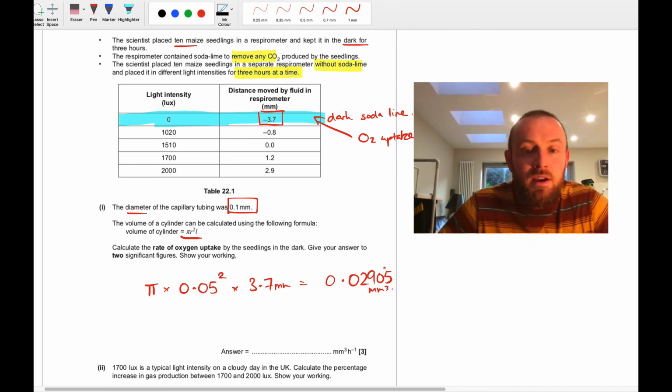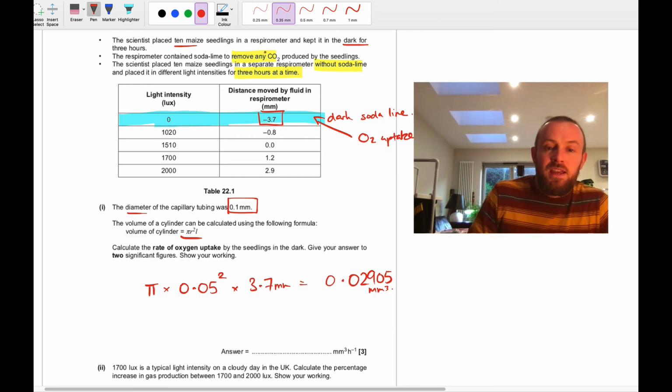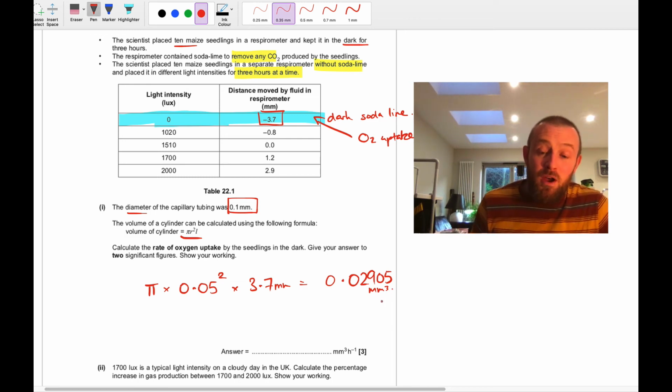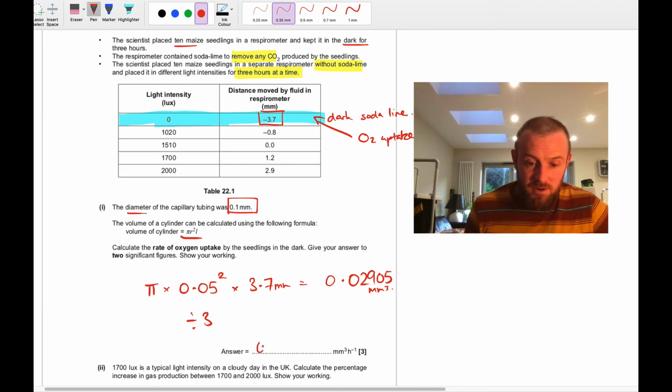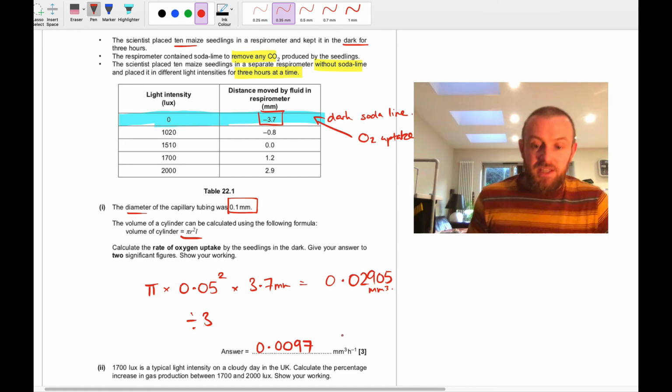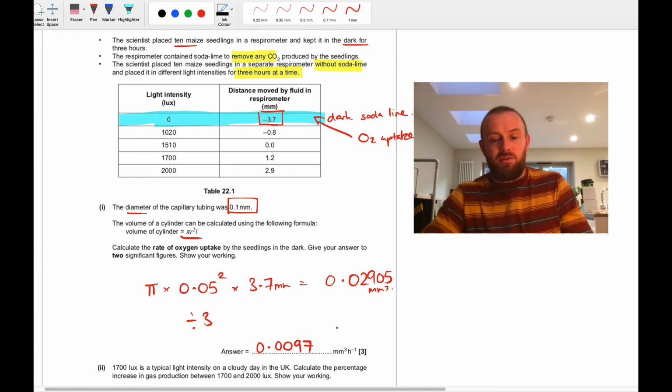But remember, this was for 3 hours, so we want this per hour, so we have to divide this whole thing by 3, which is really not a lot. That gives 0.0097 millimeters cubed per hour.